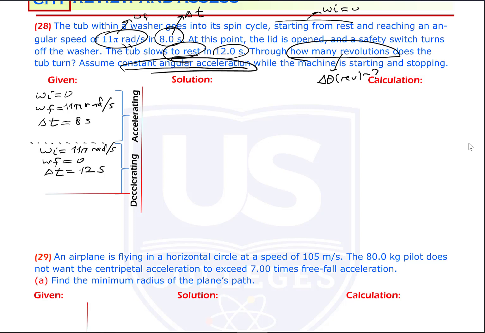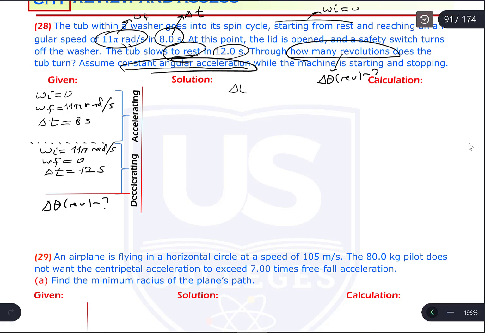Okay, delta theta in revolutions is the question. That's why I have to use the equation which calculates delta theta. When I check the given, I see that initial angular speed is given, final angular speed is given, delta t is given for both the accelerating and decelerating part. Why don't I use the equation? Which equation?